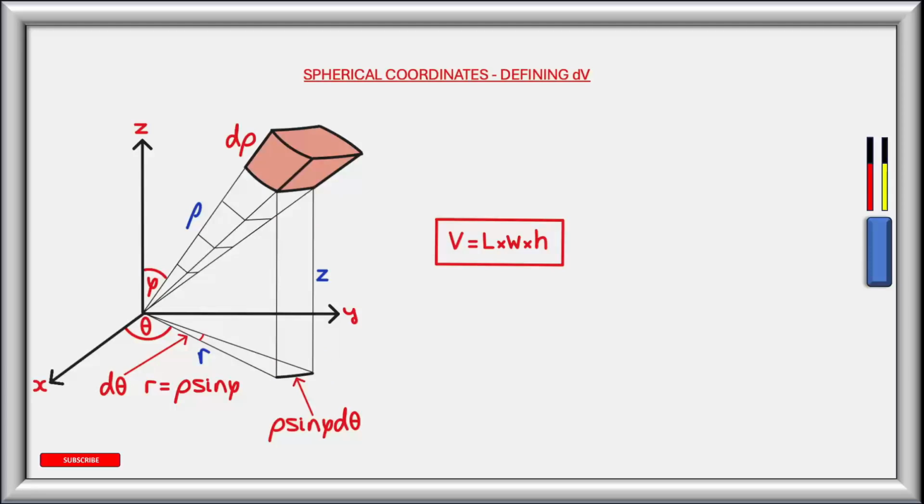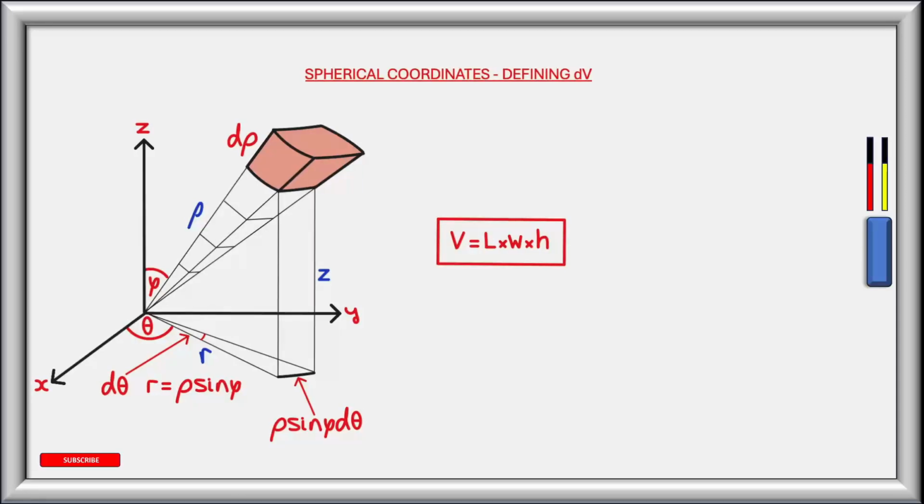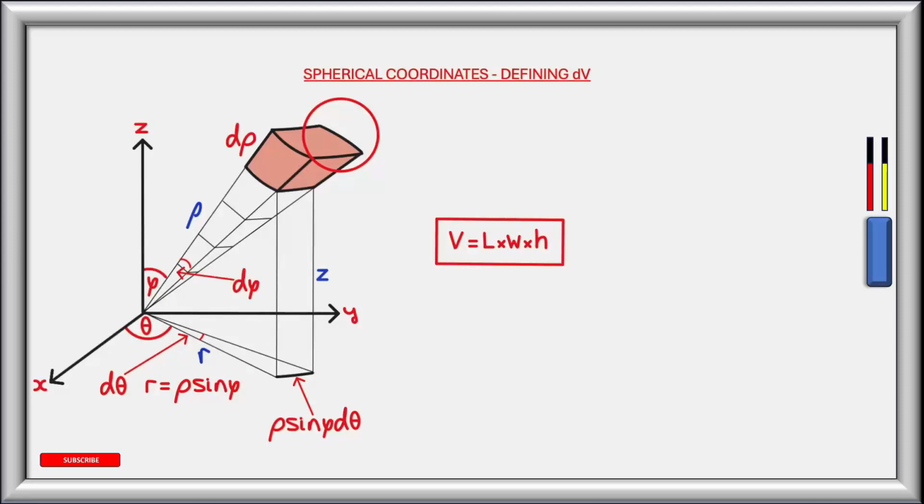The width dimension is therefore the arc length of a circle, which we know is the radius of the circle, in this case rho sine phi, multiplied by the central angle, which is infinitesimally small, and in this case is d theta. And the length dimension of the rectangular box, circled here, lies along the arc of a circle, and this dimension is calculated by multiplying the radius of this circle, which we know is rho, by the central angle, which is infinitesimally small, and in this case, d phi.